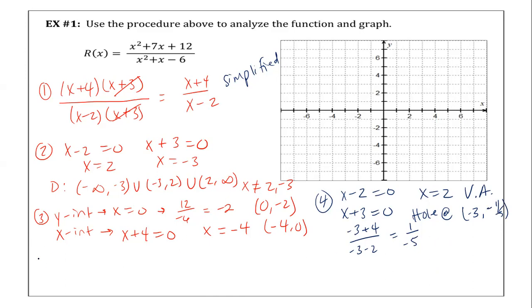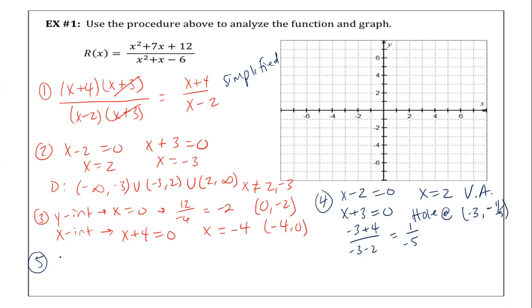All right, now you're down to finding your horizontal asymptote or oblique asymptote. For this problem, we have a horizontal asymptote. Which type: y equals 0 or y equals the leading coefficients?